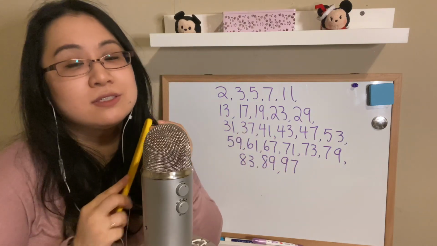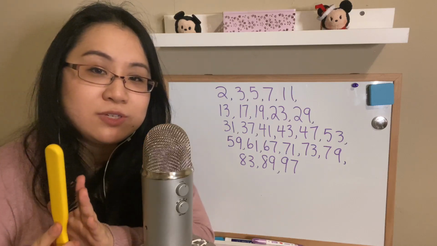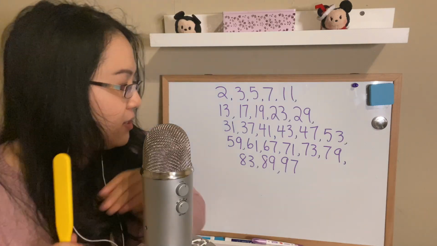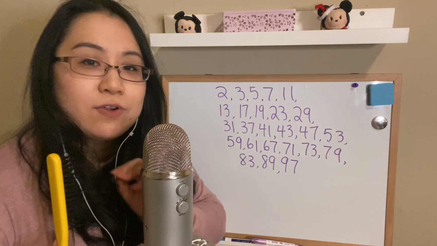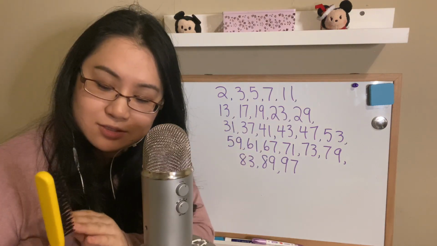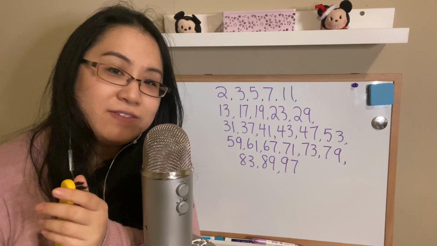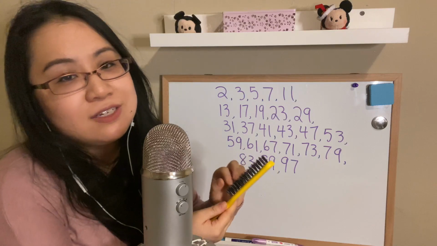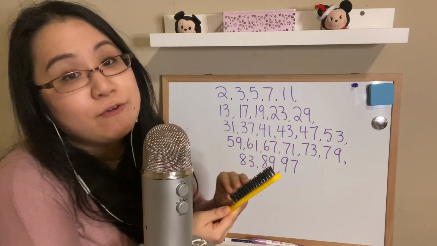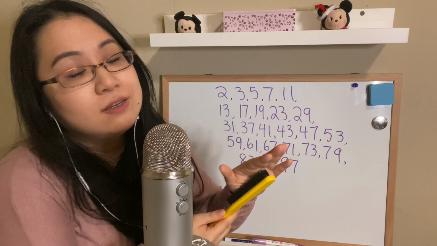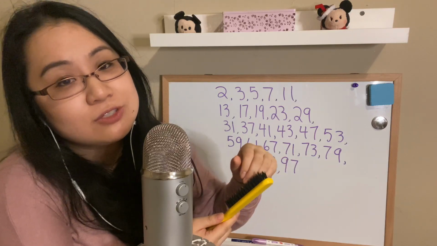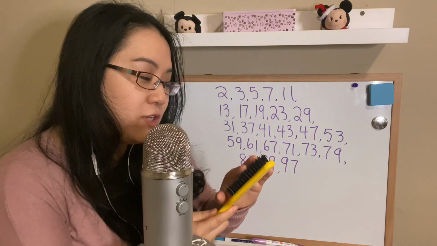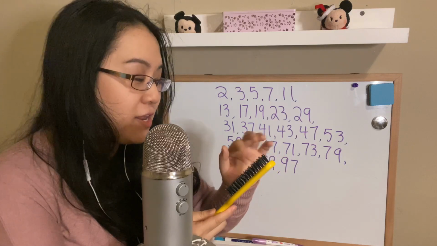So that's 2 times 3 times 7. 43 is prime. 44 is 2 squared times 11 because it's 4 times 11. 45 is 5 times 9, which is 3 squared. So 3 squared times 5 is 45. 46 is 2 times 23.